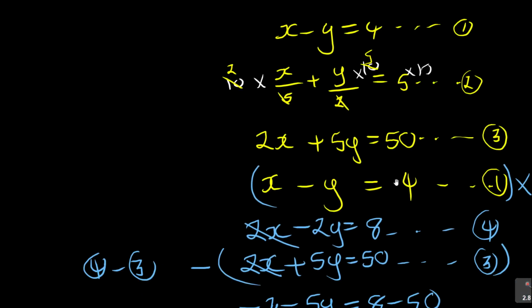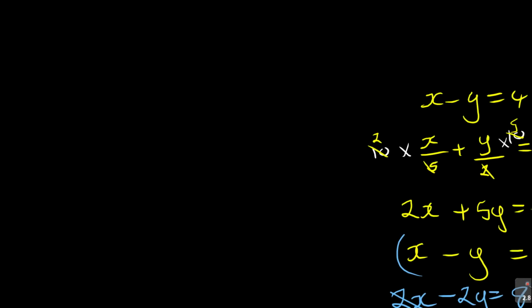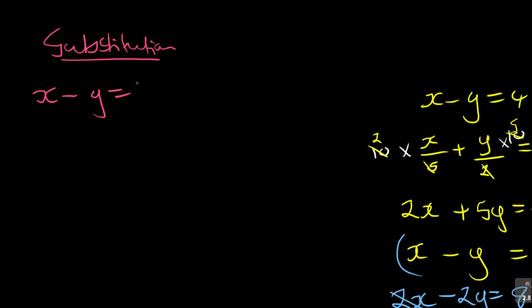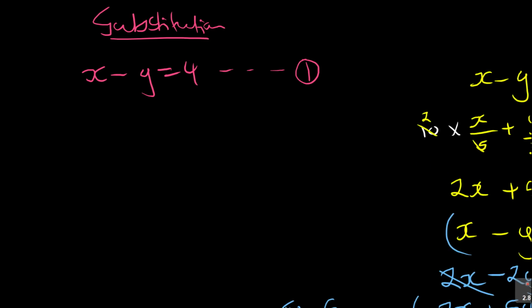Instead of elimination, we can come here and use the substitution method. So we already know equation 1, x minus y is equal to 4. We maintain equation 3. I'm not going to write equation 2 because it's the same step you're going to do. 2x plus 5y.